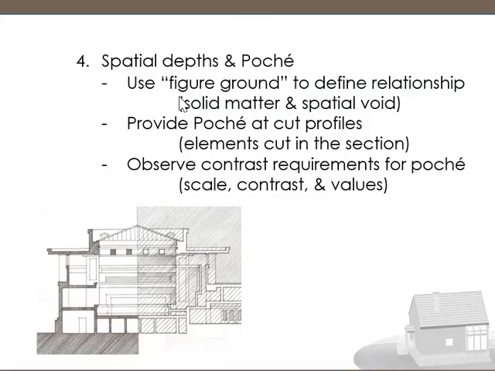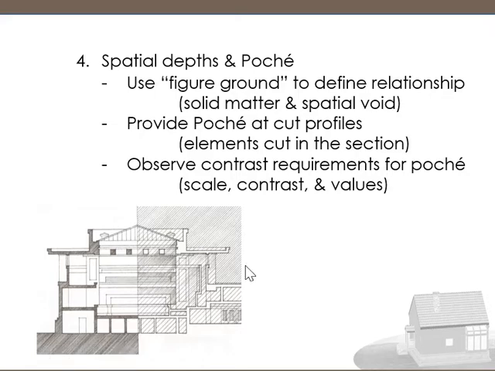So you use figure ground to define relationships. That's that solid matter. See here, this is a very dark gray poché. This is showing a very heavy structure. You provide poché at the cut profiles. So everything that's cut here, just like your walls on your floor plan, is pochéed, and that is showing solid thicknesses.